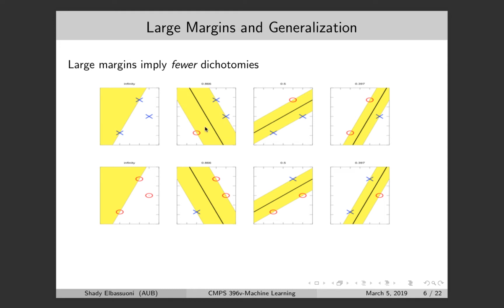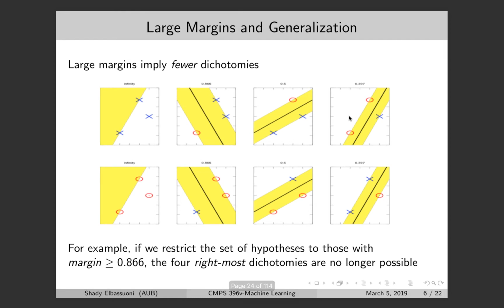For 2 points positive and 1 negative, the line that achieves the largest margin is the line in the middle here, yeah? And this is the margin, the distance to the closest point, and it happens to be 0.866 in this example. It's 0.5 in this example, and so on.